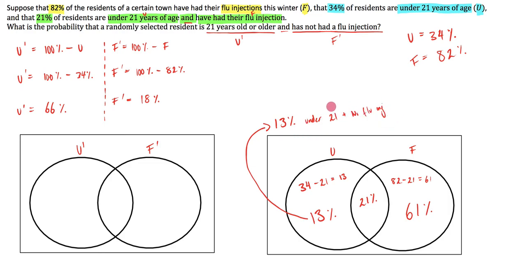Well, could we put this information over here? If we know that this U dash represents the amount of people who are over 21, then that means that this 13% is going to exist in this space, and they have not had the flu injection.